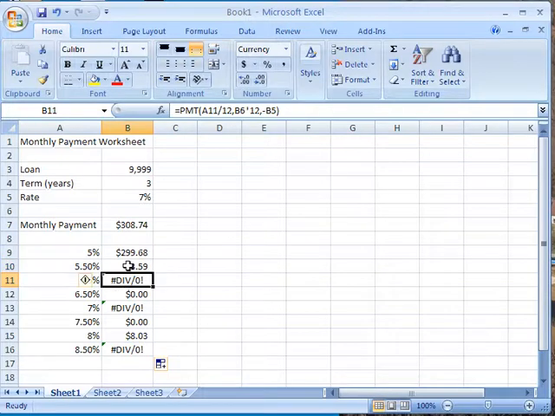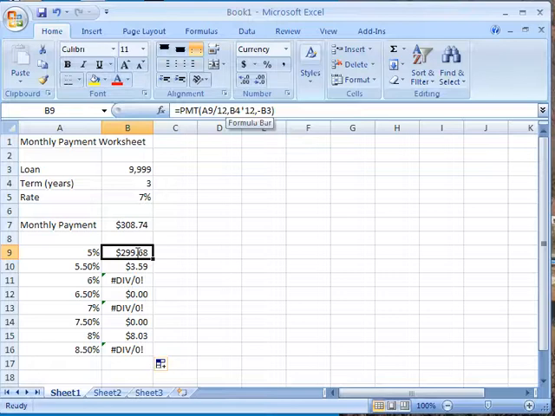That's not correct. Going down to the next one, the rate is in A11. That's correct. The term is in B6. No, that's not right. And the loan amount is in B5. That's not right.